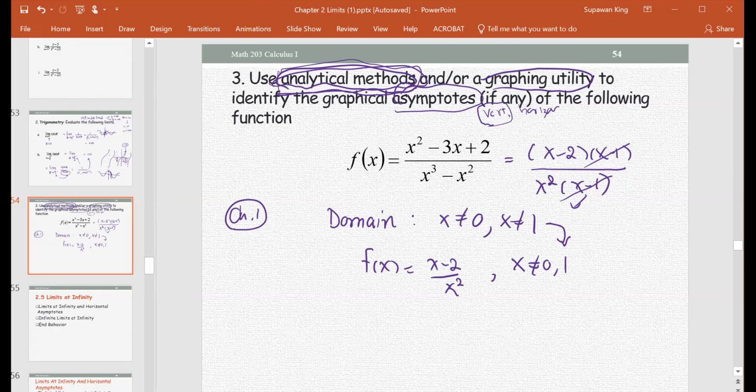You can type in the chat if you like. What do you think the possible vertical asymptote for this function is?